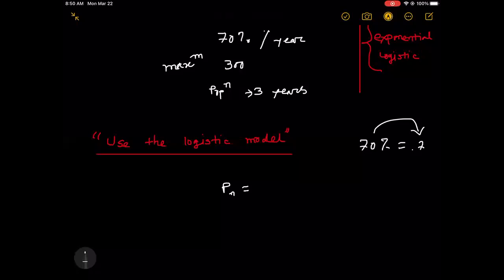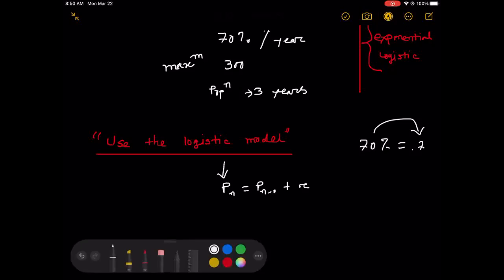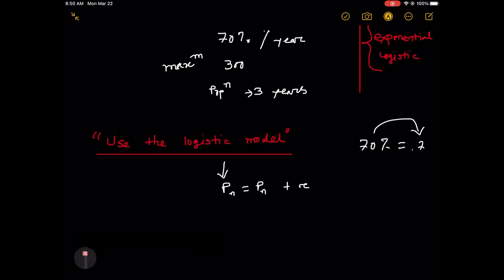No. My question is, what is your logistic model? How does it look like? It's Pn equals Pn minus 1 plus r times (1 minus Pn minus 1 over K) times Pn minus 1. Right. Exactly. So this model looks like this.